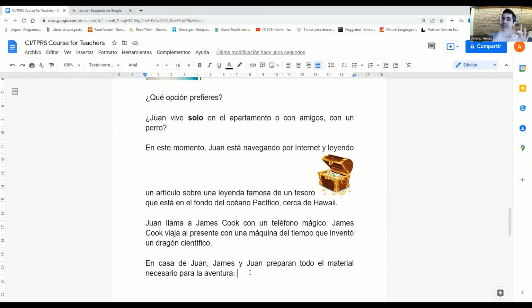And yeah, I just jumped to this moment, but again, once James Cook travels to the present moment with the time machine, you can talk about potential problems that he has, that he wants to come to the present, but there's a technical problem with the time machine, so he ends up, I don't know, either farther along in the future or in a different time period.